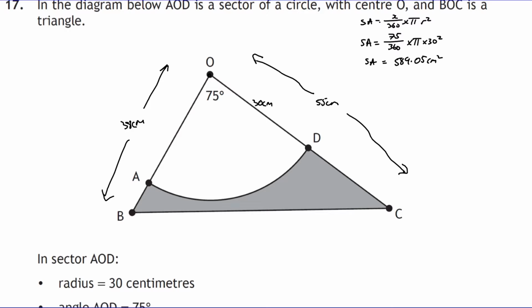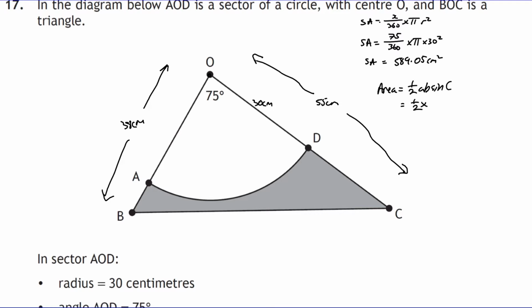We've also got a triangle. Just imagine this whole sector was shaded in. We've got a full triangle from O, B to C. And it's trigonometry because it's given us an angle with two sides. So we've got two sides and the angle in between. The area of a triangle from your formula sheet is a half AB sine C, so a half times the two sides and the included angle.